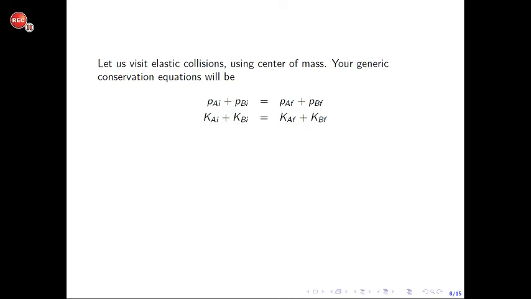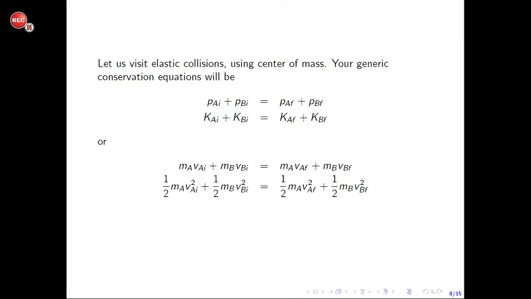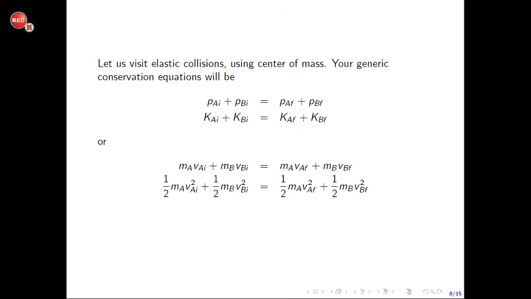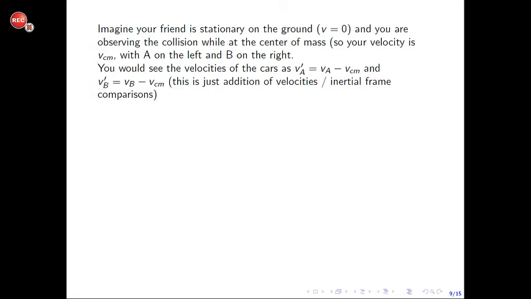So we can write these things differently. We write it out in terms of mass and velocity, but we can also write the kinetic energy in terms of momentum if we want to. But what do we mean when we talk about writing in terms of relative to the center of mass? It means we're adding velocities up. So we can use basically a new set of coordinates.